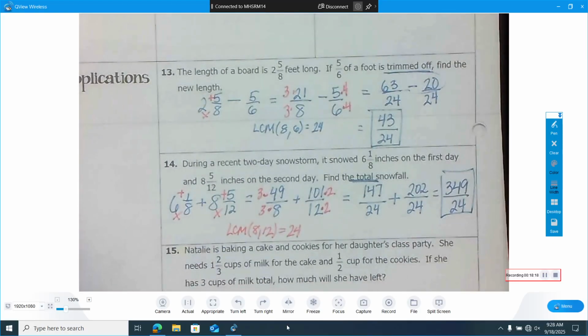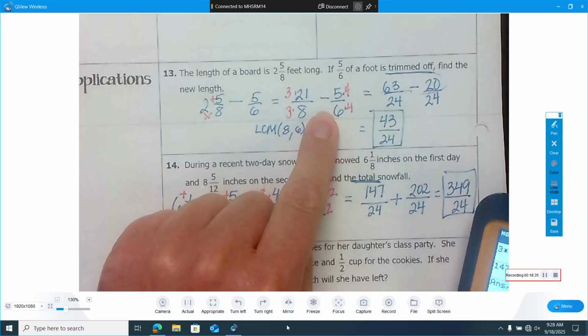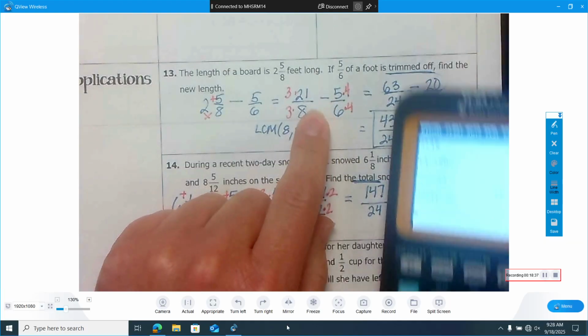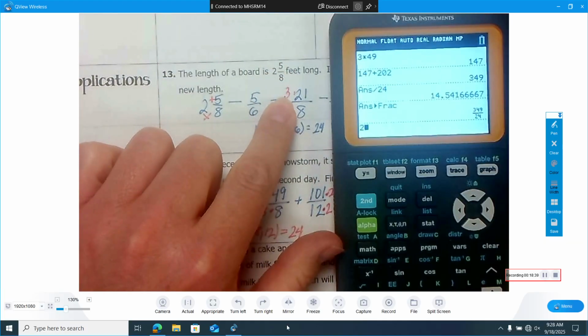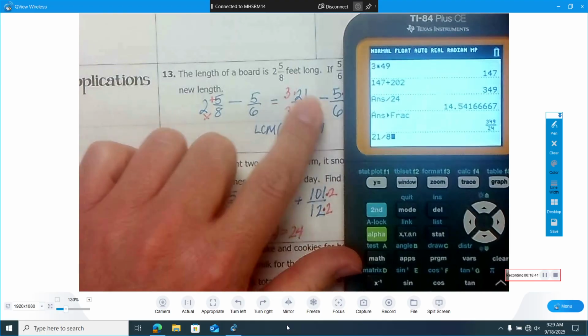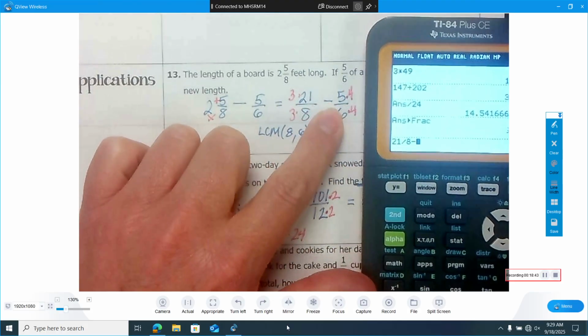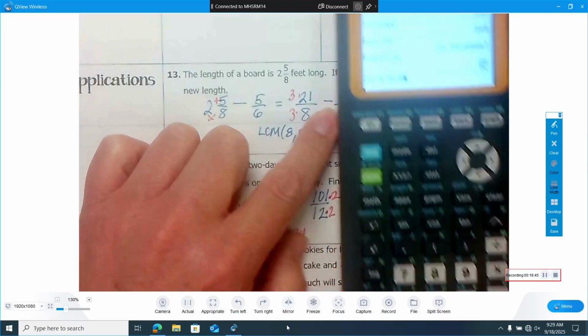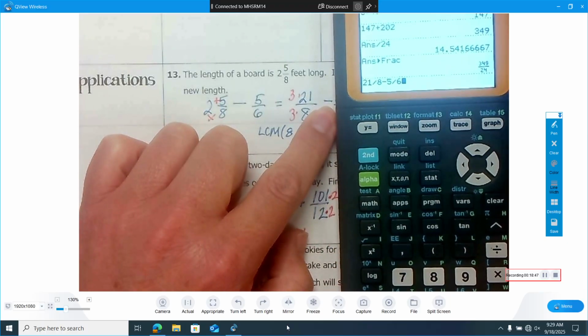All right, how many problems do you need to show all the work for? Half of the problems. There are 18 stations. How many of them do you need to show the full work for? 9 of them. Good. Can you use a calculator? You can use a calculator when it's improper. So, for instance, right here, I could do 21 divided by 8 minus 5 divided by 6. You can just type it in pretty straight up there.